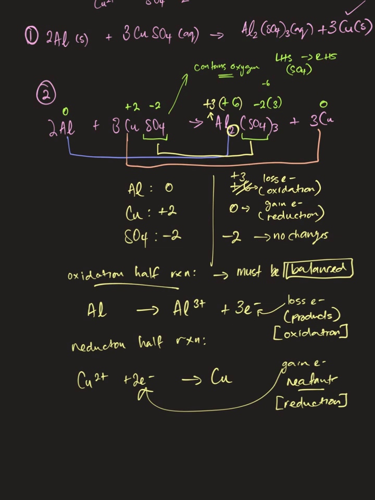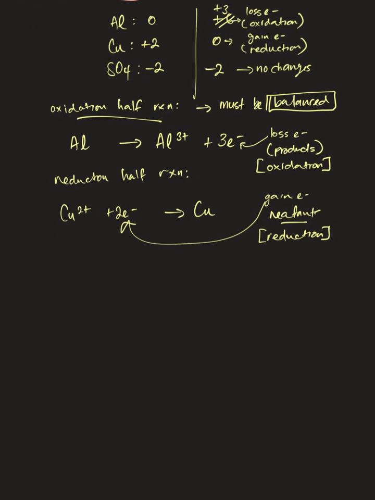Now, in my half reactions, can you see that the aluminium gave 3, but the copper only gained 2? So these half reactions don't make any sense, right? So I've got to fix it. So I need to balance it. So when we do the next little thing, this is called balancing half reactions.